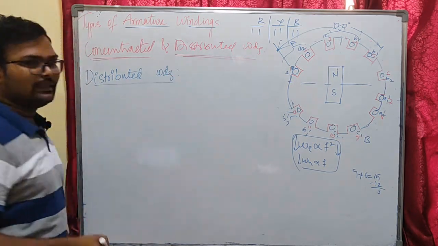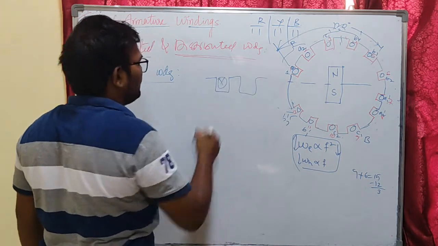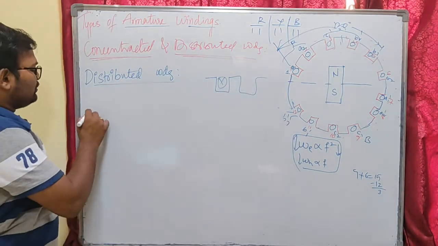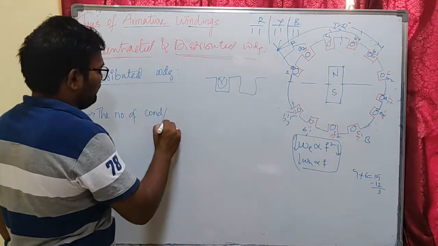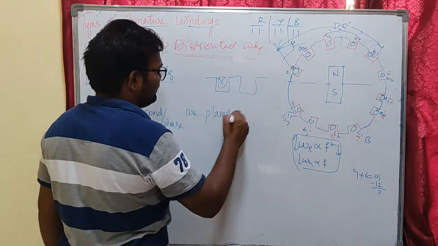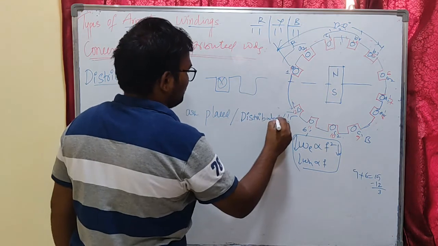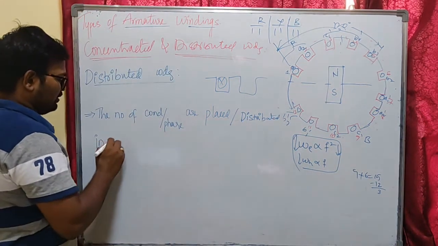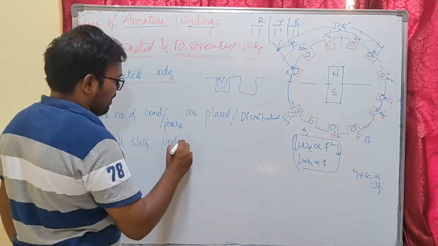In concentrated winding, the conductors per phase are kept in one slot under each pole. But for distributed winding, the conductors per phase are placed or distributed in all the slots under one pole.